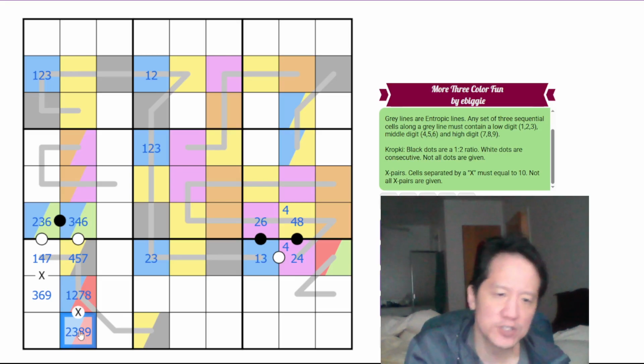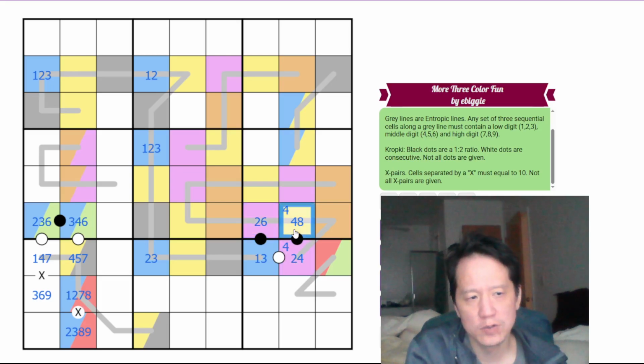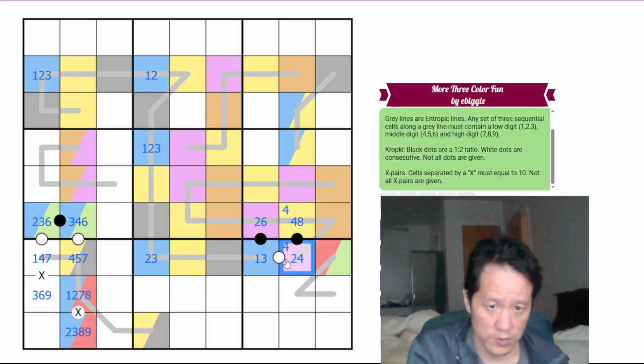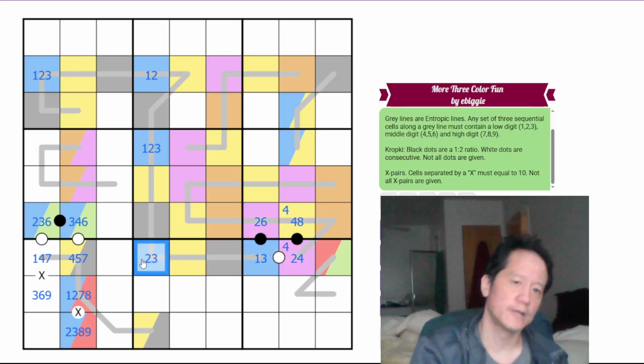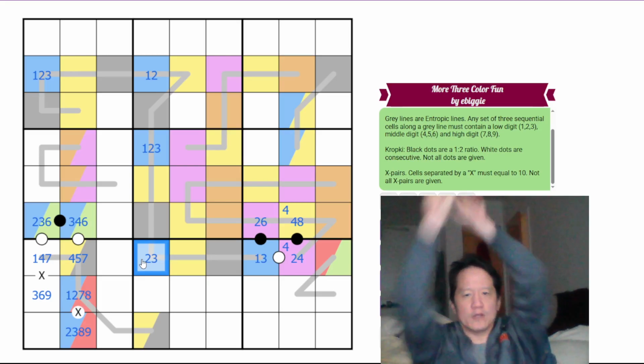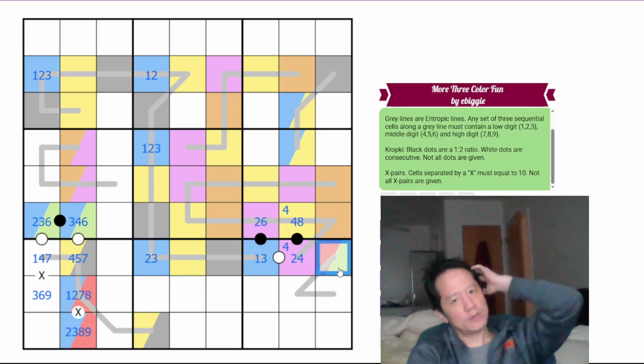So if this is 3, 6, this becomes 2. 3, 6, 2. This has to be a 2 also with 4. So 2, 4. This is 1 and 2. 2, 1. This is 3. Either way, this cannot be low.